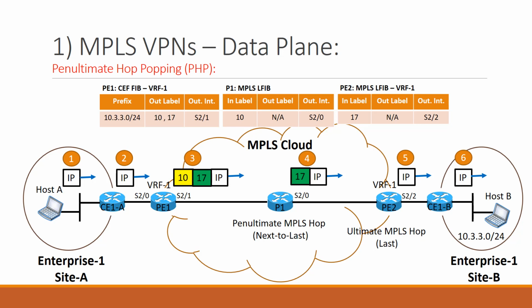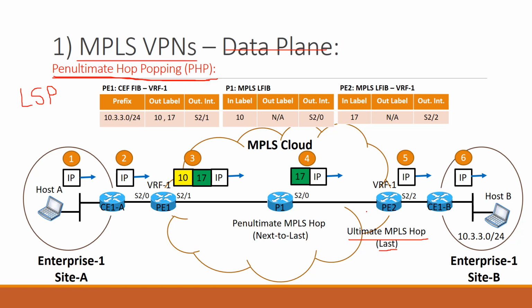The last thing to discuss here will be the penultimate hop popping feature that MPLS VPN uses. So what is this feature? It uses the label switched path and determines which is the last MPLS hop and calls it the ultimate MPLS hop, which is the last hop inside the MPLS cloud.